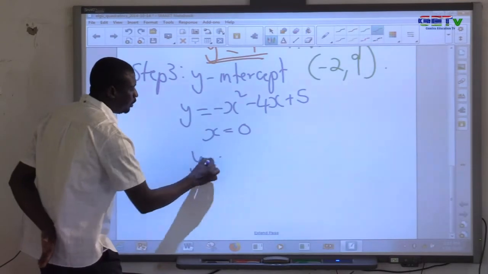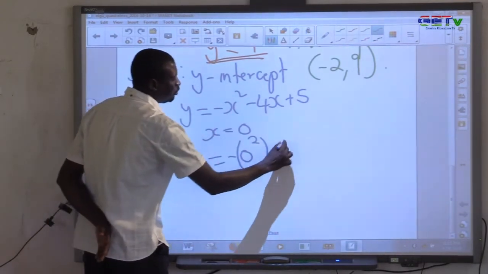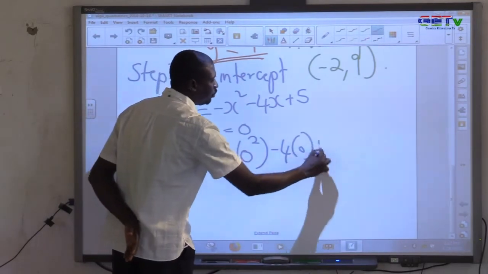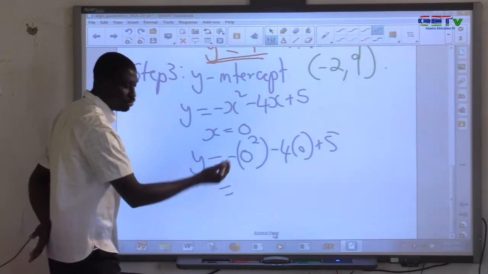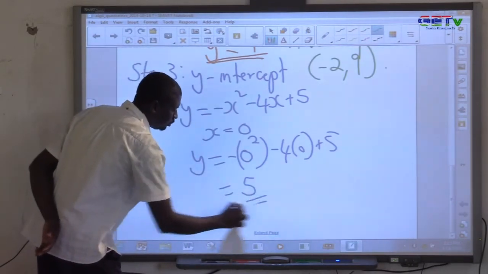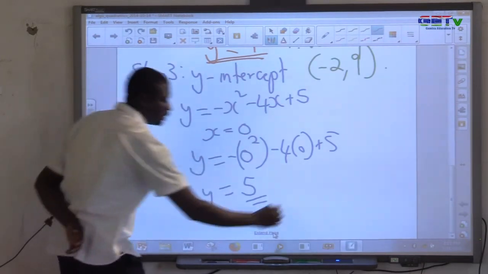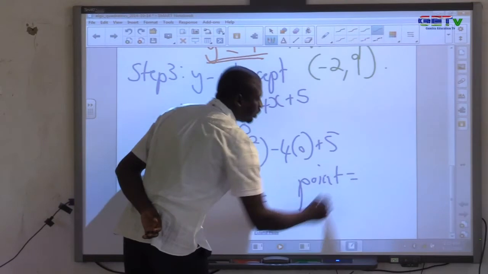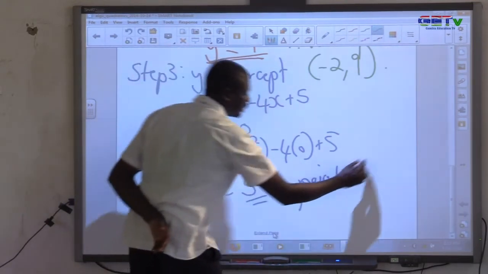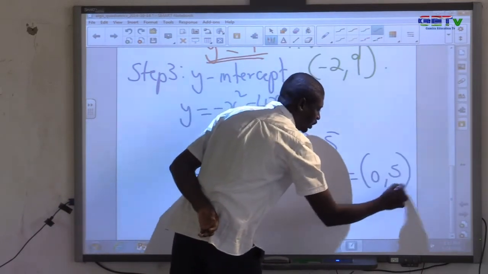So y will be equal to 0 squared minus 4 times 0 plus 5. Automatically, these are all zeros. So the answer, therefore, will be equal to 5. So the y-intercept point will give us what? When x is 0, y is equal to 5.